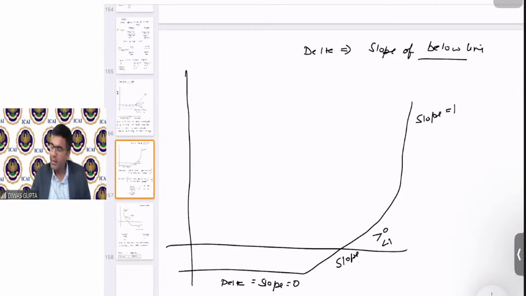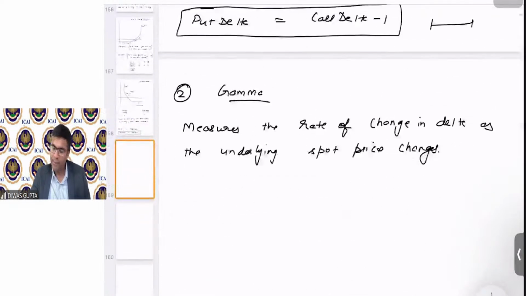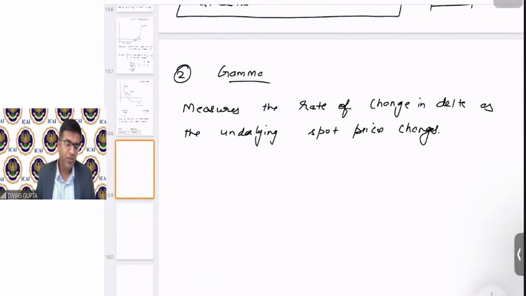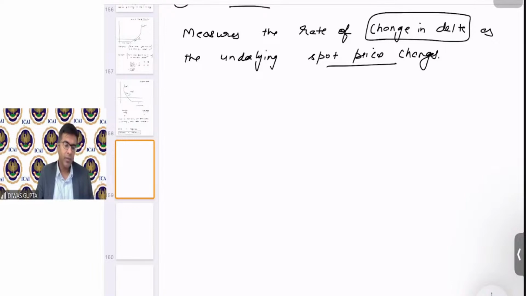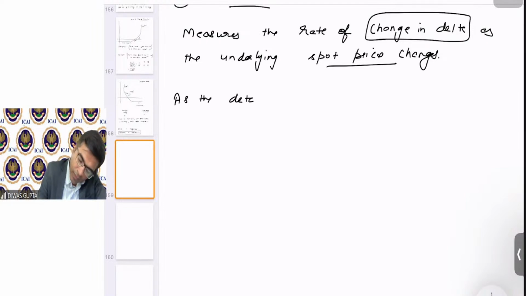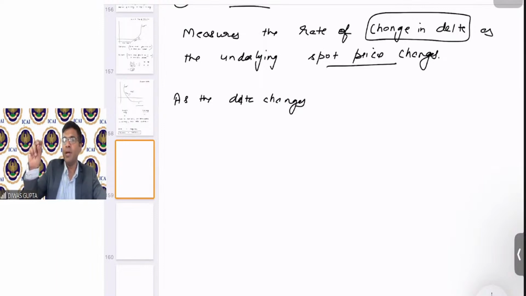Let's go to gamma, students. Gamma measures the rate of change in delta as the underlying spot price changes. Okay. Because what is happening, students, the delta is also not the same as the delta changes. Because we discussed, right? It moves from 0 to somewhere between 0 and 1 and then finally 1, from out of the money to at the money to in the money, right?